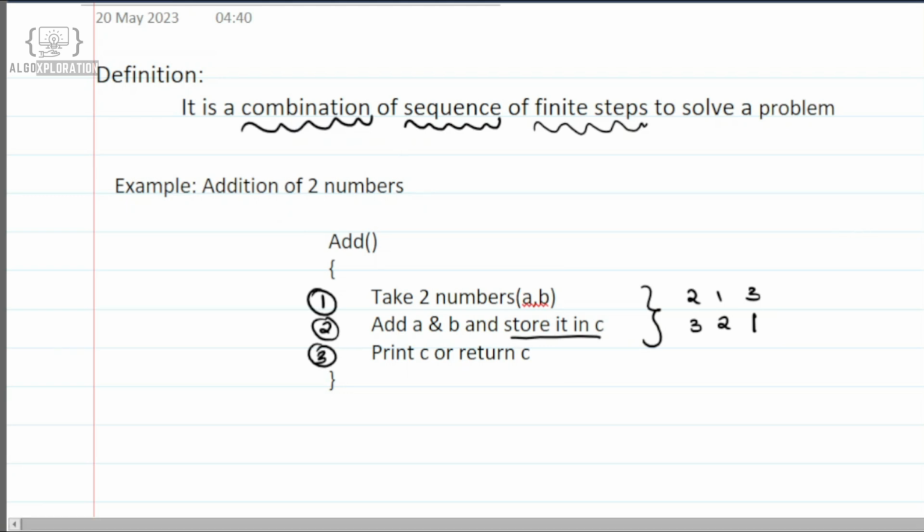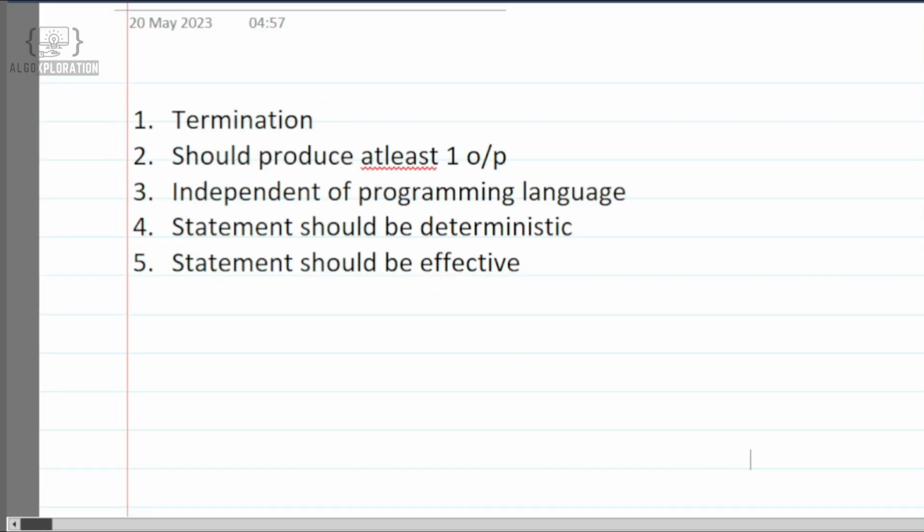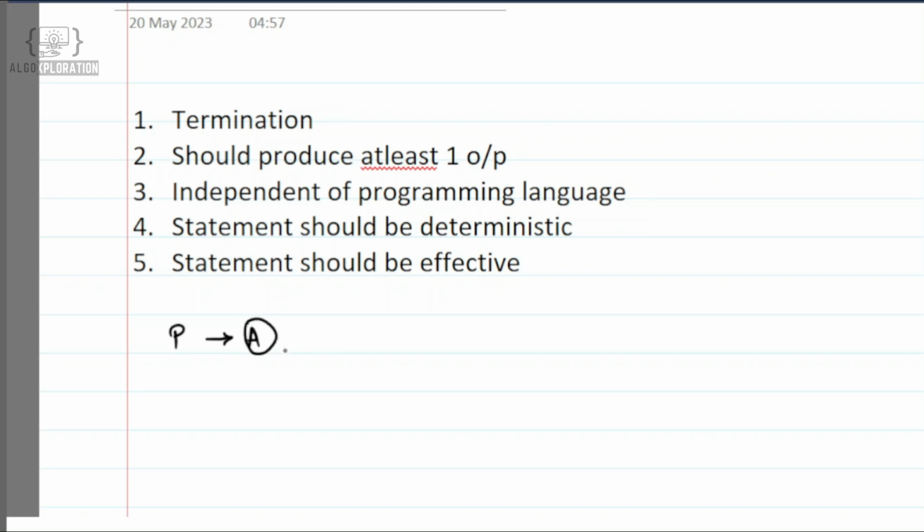Now let's jump to its properties. If we have a problem P and we make an algorithm A, it doesn't mean that it is an algorithm unless and until it satisfies some points. Point number 1 is termination: every algorithm should have a terminating point.